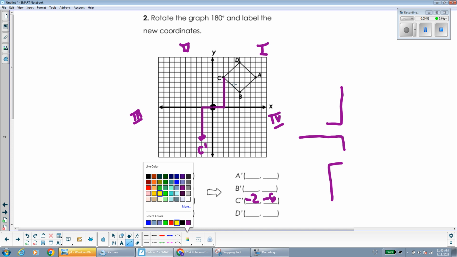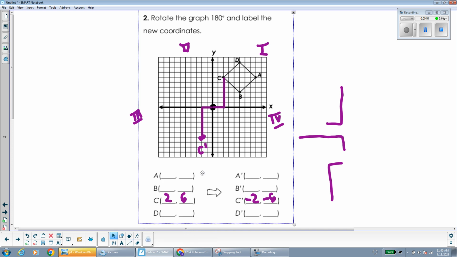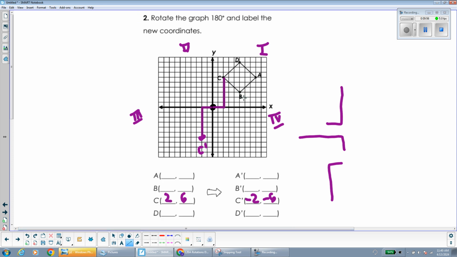Next, I'm going to do point B. And I'm going to take our L shape, just like we did before, and I'm going to rotate it twice. And let me count the spaces. 1, 2, 3, 4, 5. 1, 2, 3.